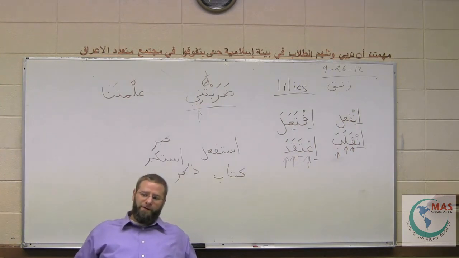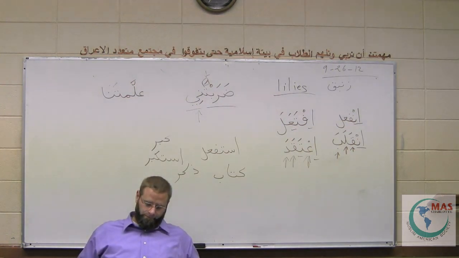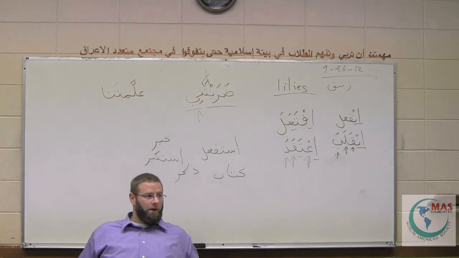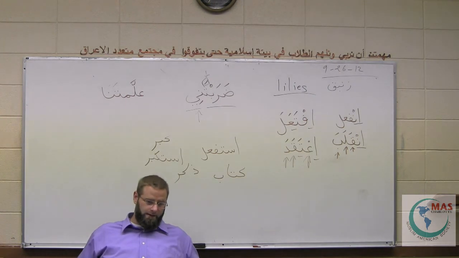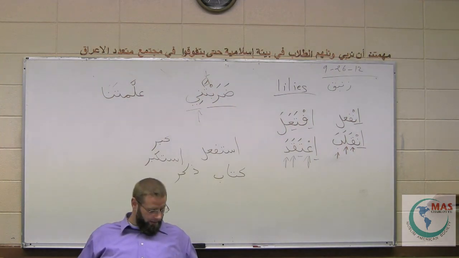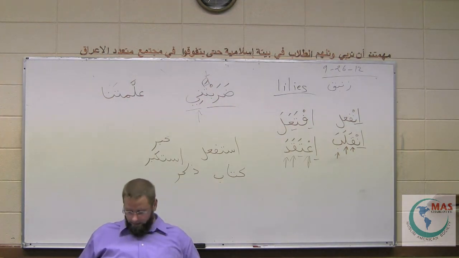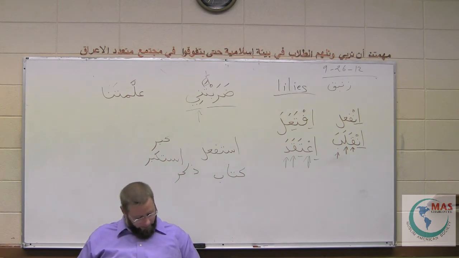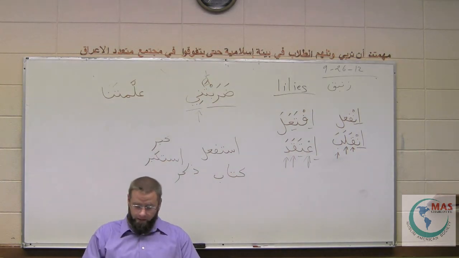Ta in Arabic denotes feminine. So ذهبت, خرجت, جلست, سمعت, رأت. Whatever it is, it's going to have ta added and it means she. She did it. Very interesting here.